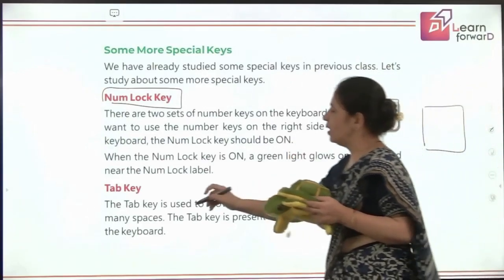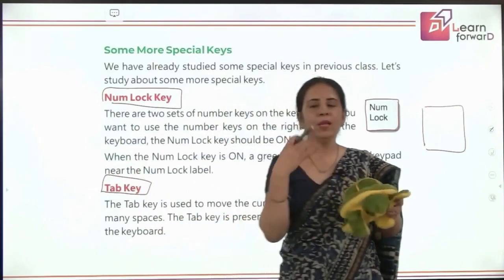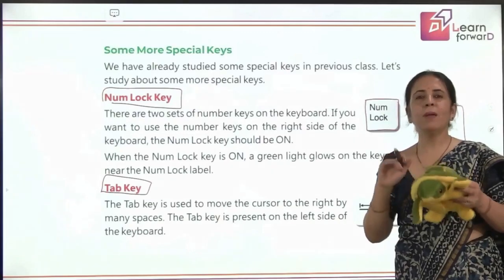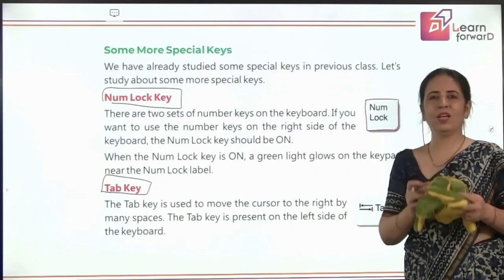We have another key that is called tab key. Normally, when you want to leave spaces while you are writing, you keep pressing the space bar key. You know, the longest one on the bottom of the keyboard.